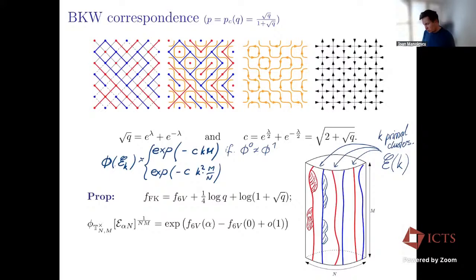So why is this? Well, essentially, in this regime the primal and the dual really, really hate each other. They really dislike being next to each other. So you're paying an exponential for every cluster that wants to exist next to a dual cluster. You see there are k clusters like this, and each has length m, so you're paying exponential to the k times m. And this is basically optimal.